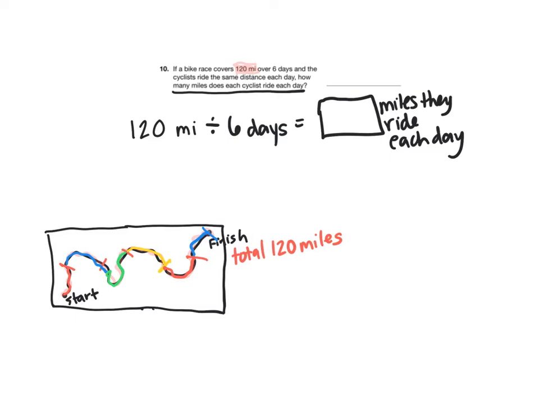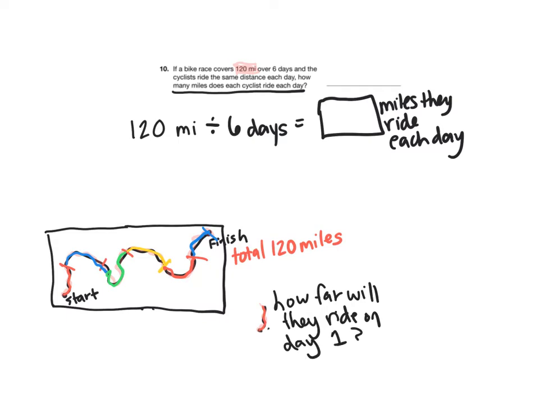So this red squiggle that I made at first, this is going to be day 1. We want to know how far they need to ride on day 1. How far will they ride on day 1? And how far will they ride on day 2 and on day 3 and so on?